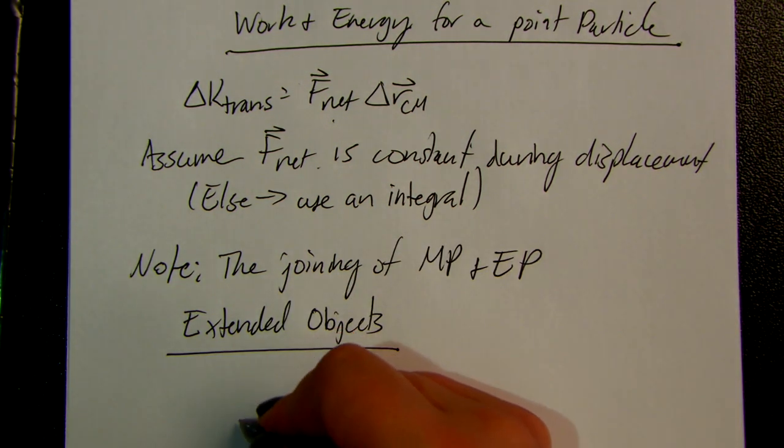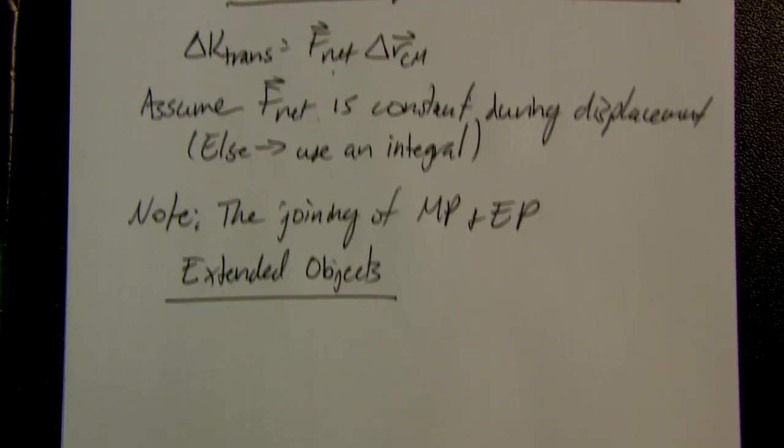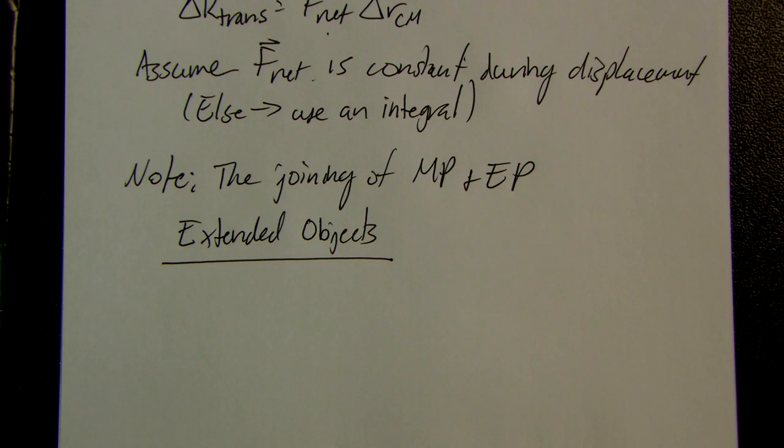Now let's look at extended objects. Point particle models, basically, can translate, and the center of mass can move and you can do work on them. But they can't rotate, they can't twist, they can't vibrate, they're one-dimensional objects.